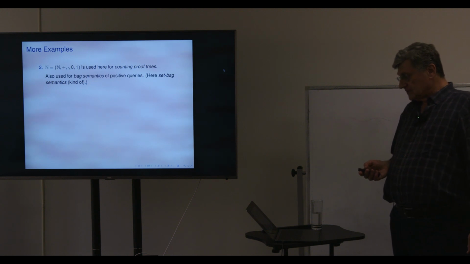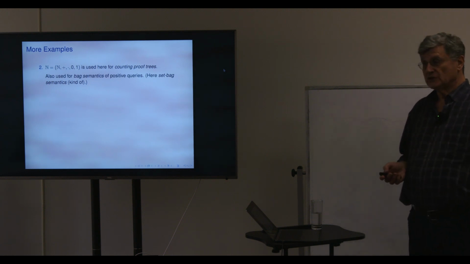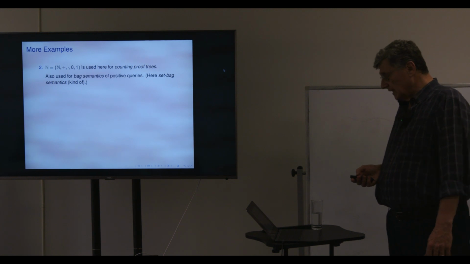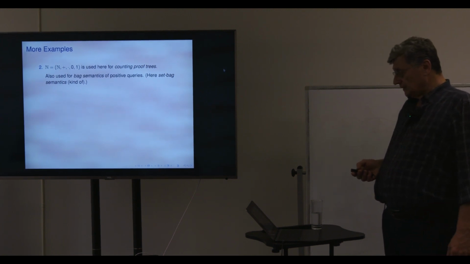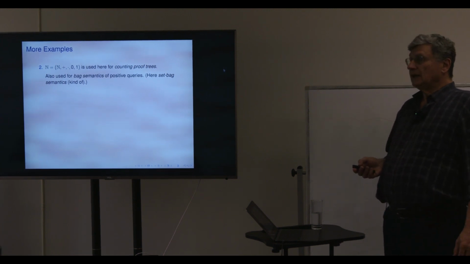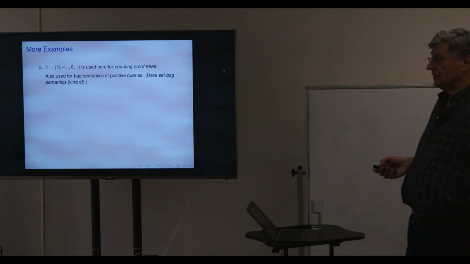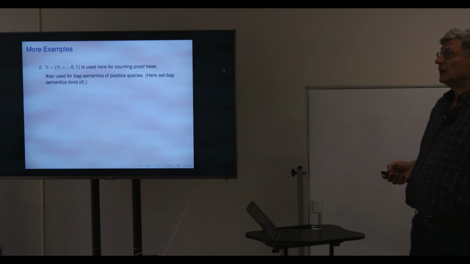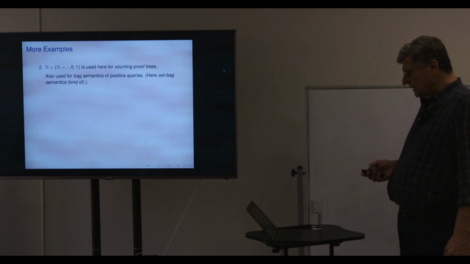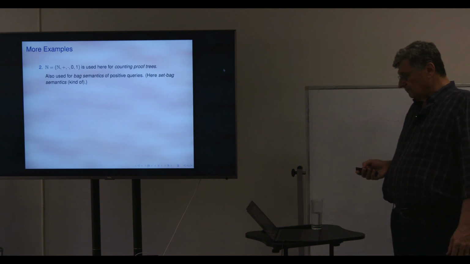Now, other examples. The natural numbers, with just plus and times, form a commutative semiring. It can be used, in the context of this interpretation here, to count witnesses or proof trees. I'll explain what those are.